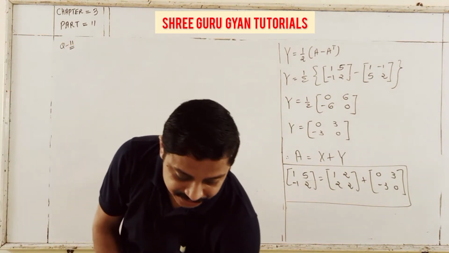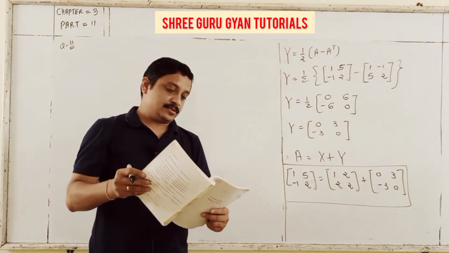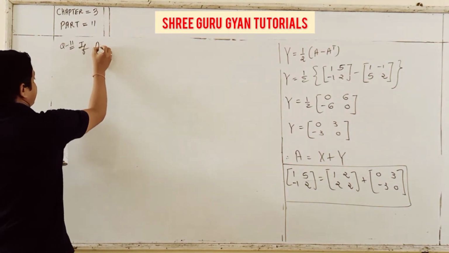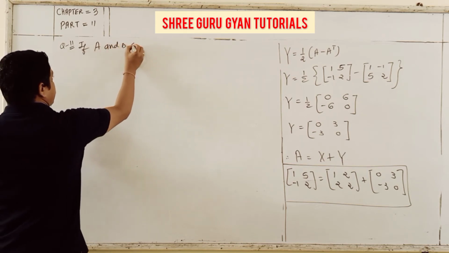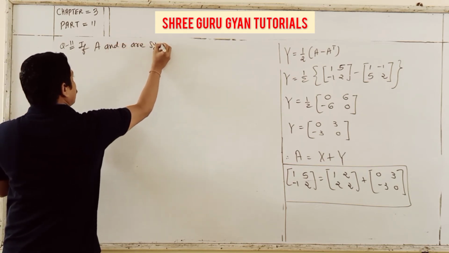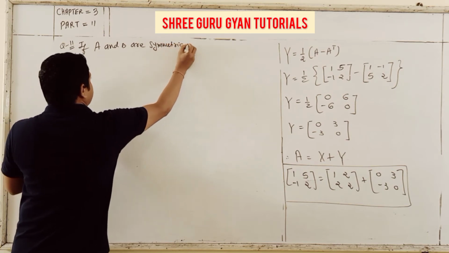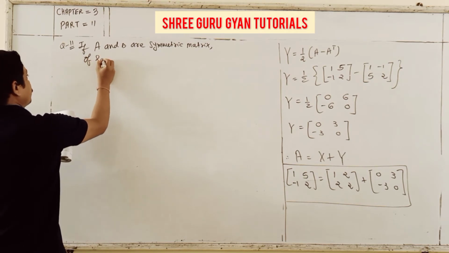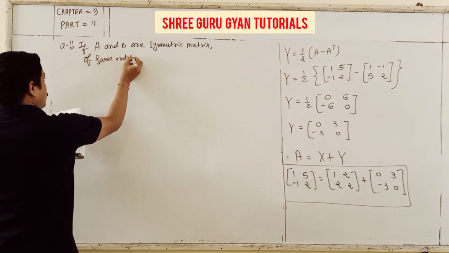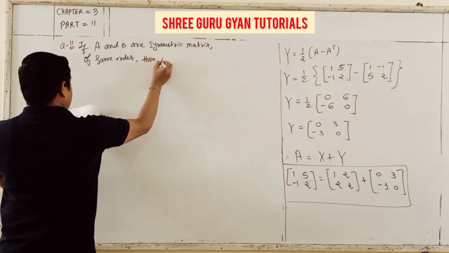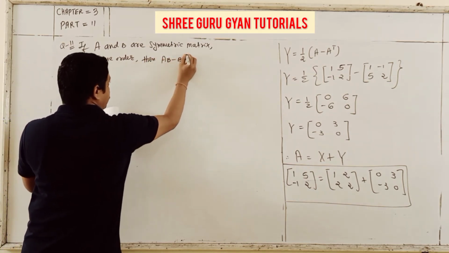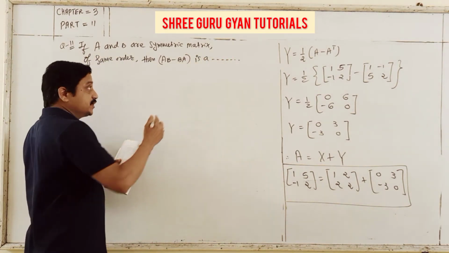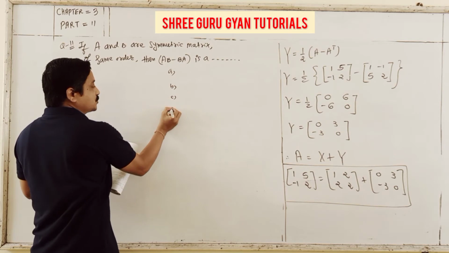So in the given matrix, A and B are symmetric matrices of the same order, and then AB minus BA is dash dash dash dash. Options are printed. I will show options wise.